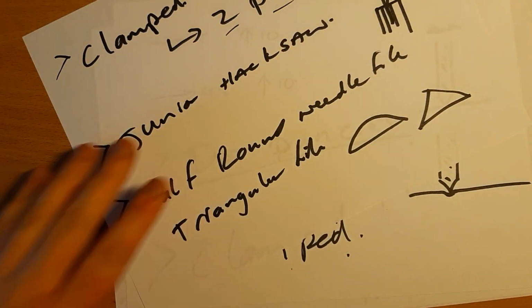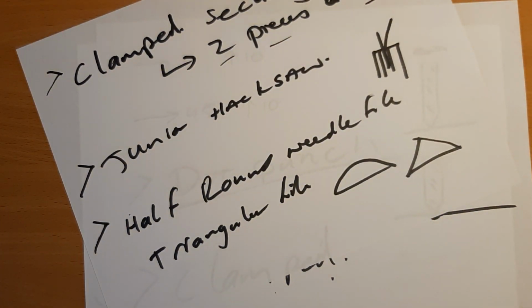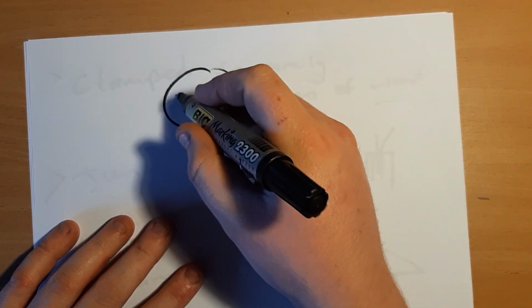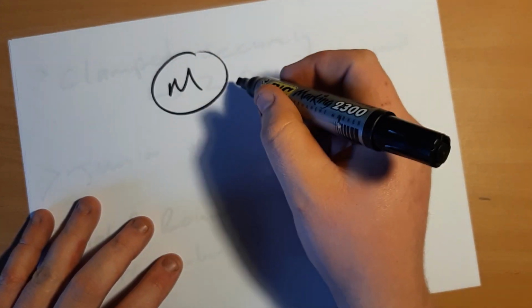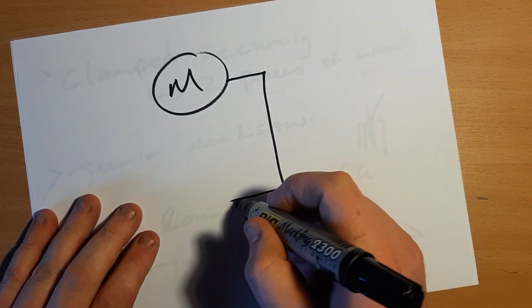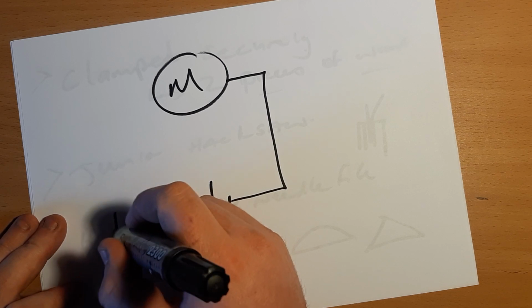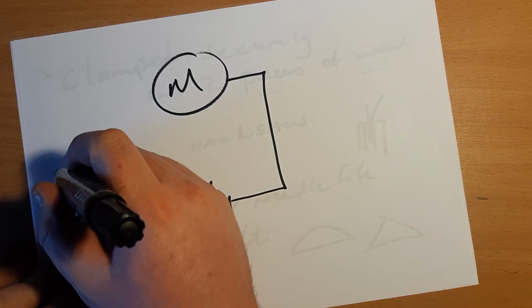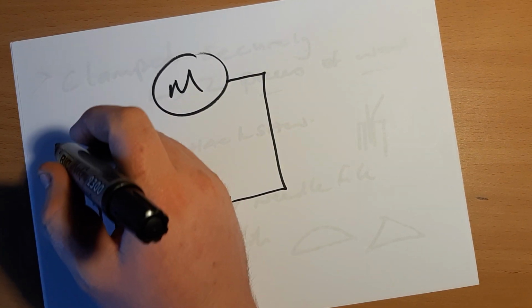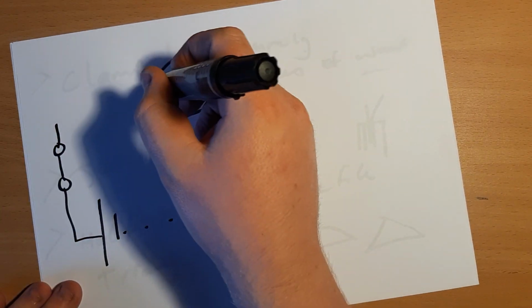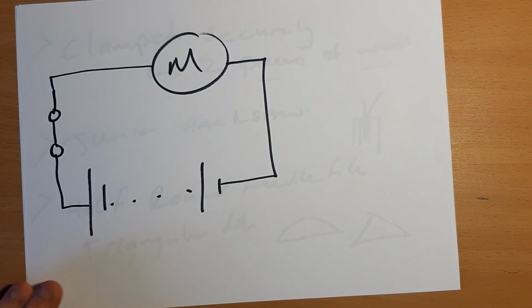Explain the operation of the circuit. Okay, this let a lot of people down. So the circuit, that symbol there is a motor. Goes round to something that looks like this. So the 3 components here.